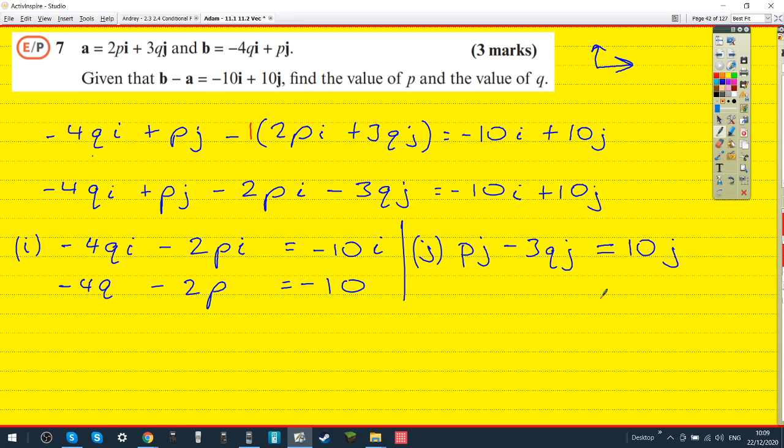Then you divide by j, for everything, which gives you p -3q equals 10. Could you solve it as a simultaneous equation? Yep. Okay.